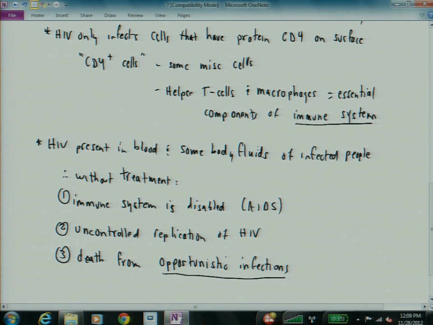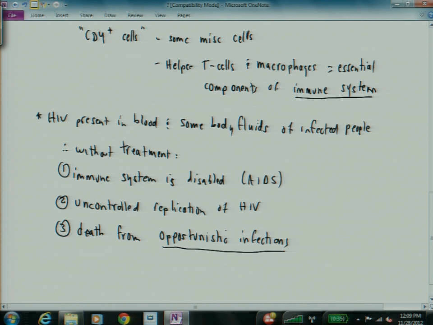To live in the germy world that we live in, you need an immune system. But it isn't actually the HIV that kills you. What it does is it weakens your immune system so something else kills you, something that all of us in this room are fighting off every day and don't even notice, ends up killing you off. So they're called opportunistic infections because the opportunity they have is your weakened immune system.